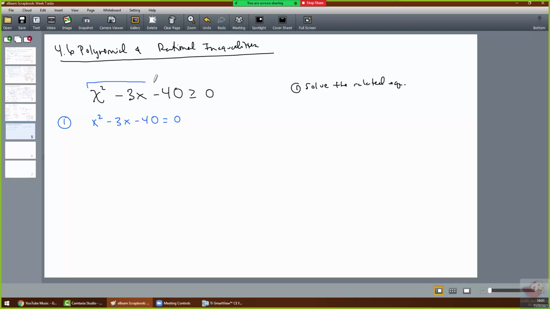Also, it's going to be in standard form, meaning everything on the left, 0 on the right. There's no sense on the test to make you make common denominators and all that junk, so you don't have to worry about that. I can't guarantee that for the homework, though. So notice this factors as x plus 5, x minus 8, which gives you the values negative 5 and positive 8.